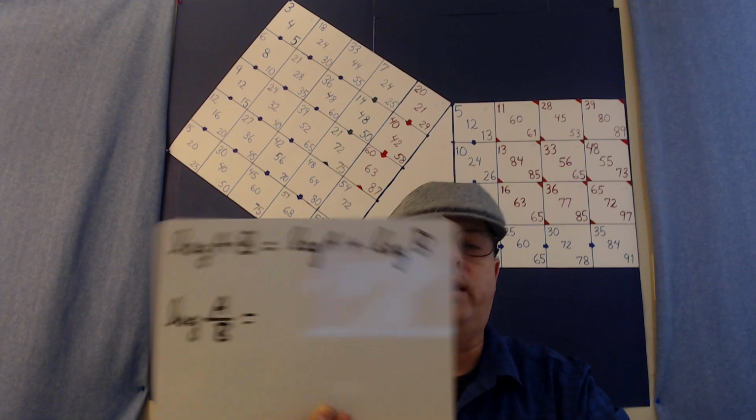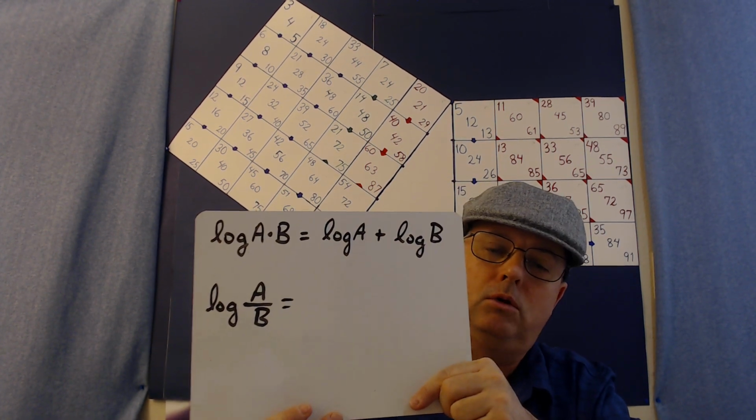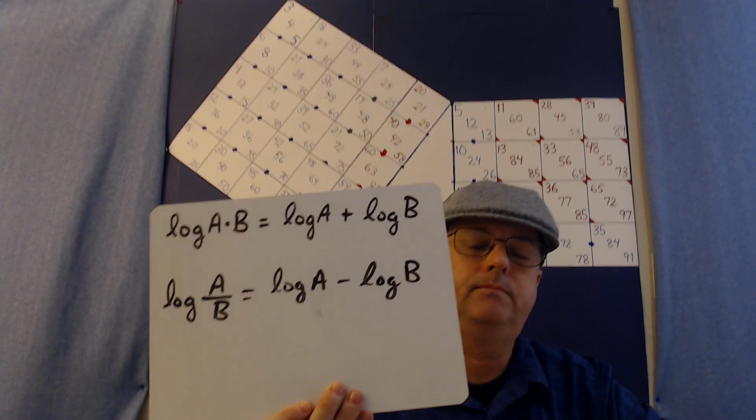All right. And then if we have log of a over b, here we are dividing. And so what do we do with the exponents when we divide? We subtract. So we say log of a minus log of b.